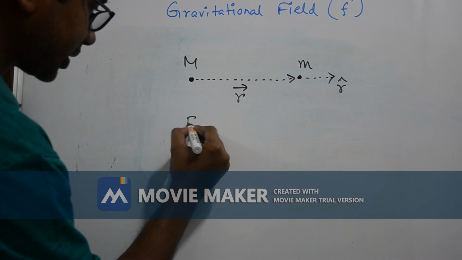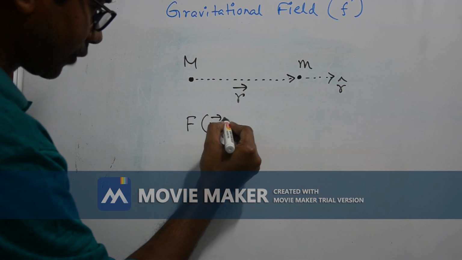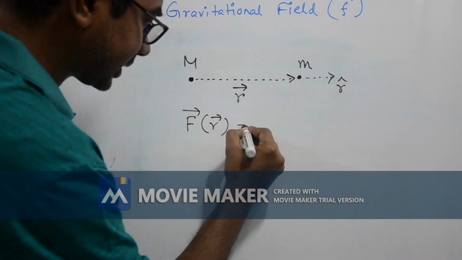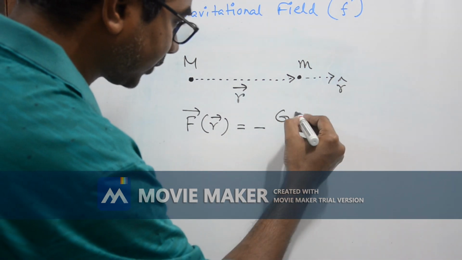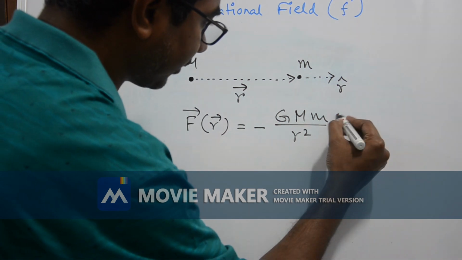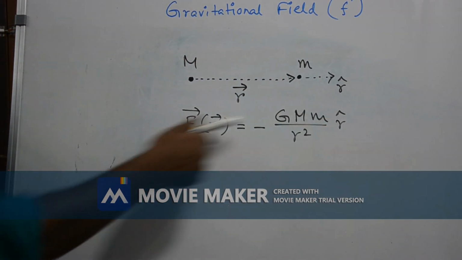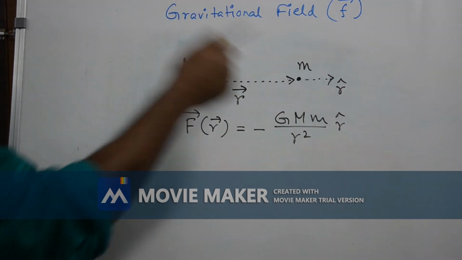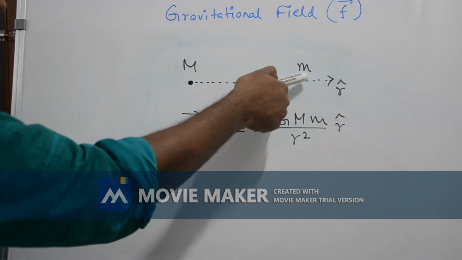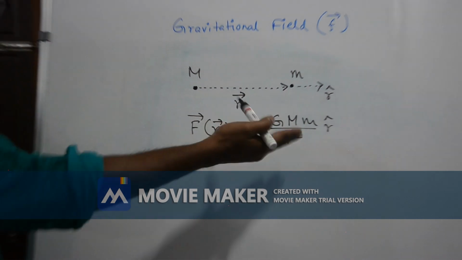So the force of attraction, a function of the position r, can be written as we have seen: minus G M m by r squared, times r cap. This will be the gravitational force of attraction attracting the test mass of small m towards the source mass of capital M. This we have already seen.